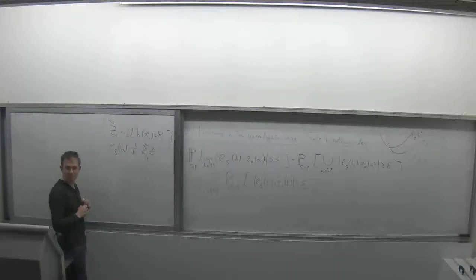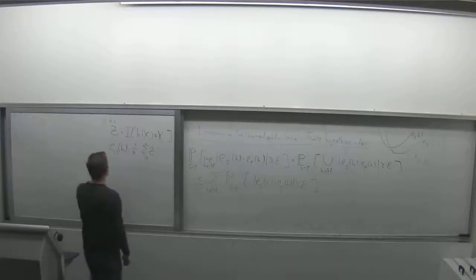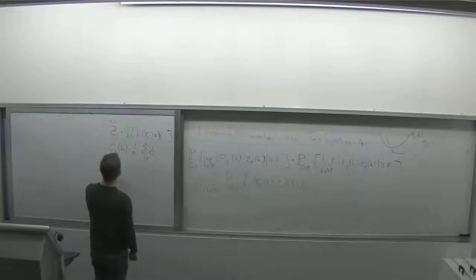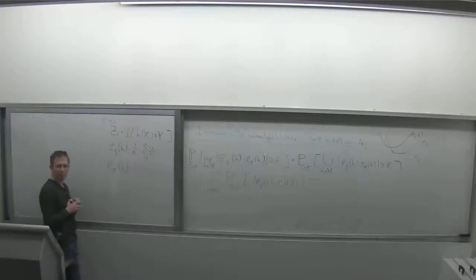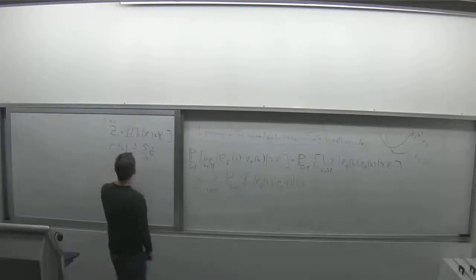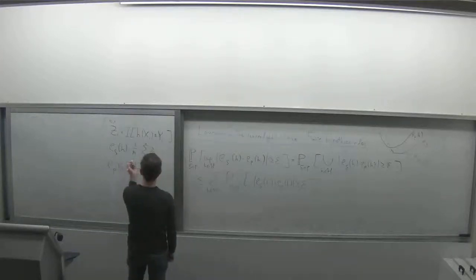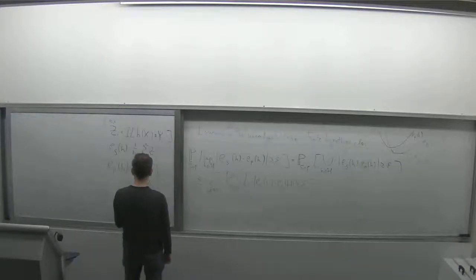Now, what is E_P(h)? Well, E_P(h) is just the expected value of V_1, which is the expected value of V_2, because they are identically distributed.